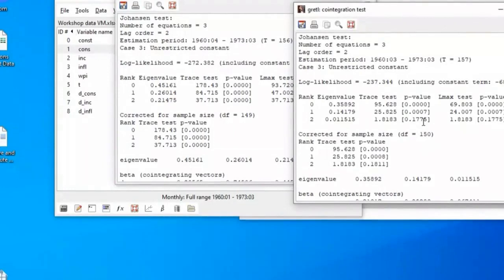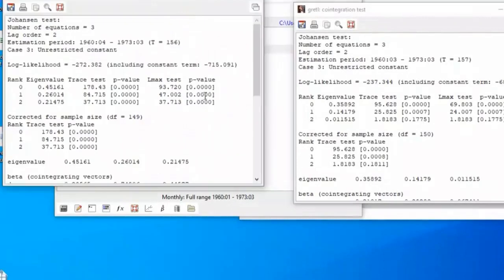So remember, it can so happen. Be very careful and see that at least one row is not rejected. Otherwise, if you have a situation like this, then you say that the variables appear to be stationary by the Johansen JJ test.